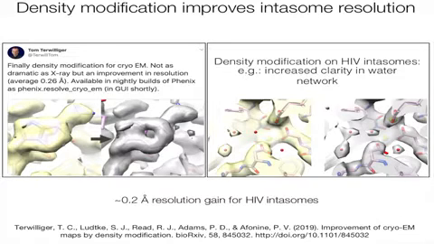And it turned out that this was also approximately what we saw when we applied the approach to our intasome reconstruction, so also about 0.2 angstrom improvements. So even though the analyses that I'll describe were performed with the lower resolution maps, we are now really quite excited that we have higher resolution data with which to evaluate the reconstructions, and more generally about this density modification approach, which seems to really be helpful for many different data sets.